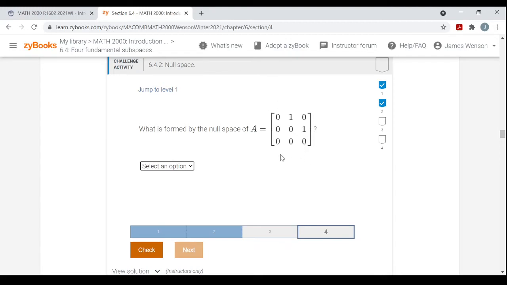Well, this is already in reduced echelon form. There are two pivot columns, so two basic variables, x2 and x3. The first column is not a pivot column, so x1 would be free. So one free variable, meaning the null space would have dimension 1. And remember, one-dimensional vector spaces are lines.